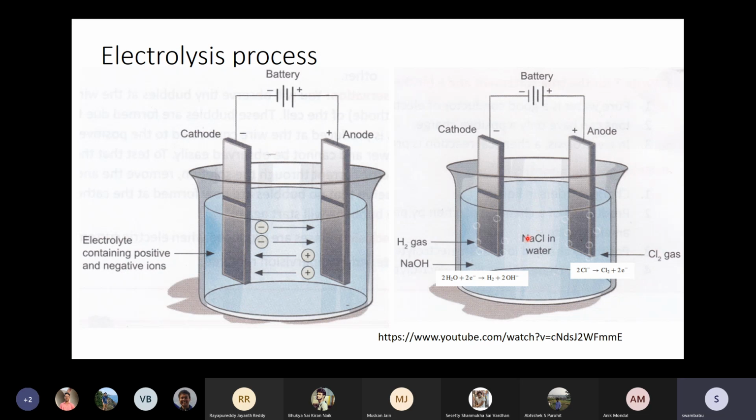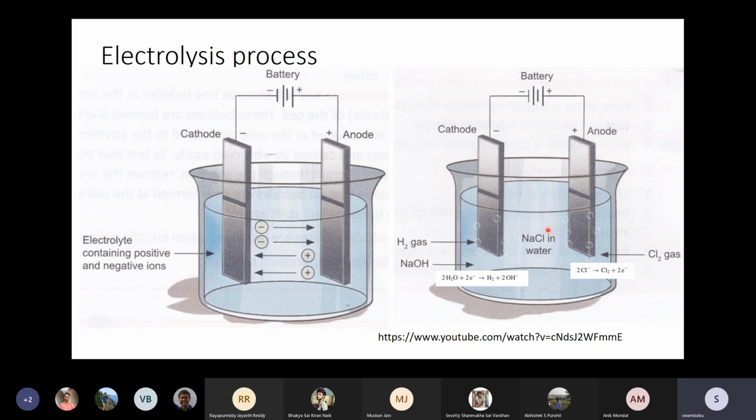You have placed conductive materials; it could be simple graphite, pencil graphite we can use. This is connected to a power source, and if you give a sufficient amount of energy, as I said earlier, this will be the cathode connected to negative charge and the positive charge connected to the anode.